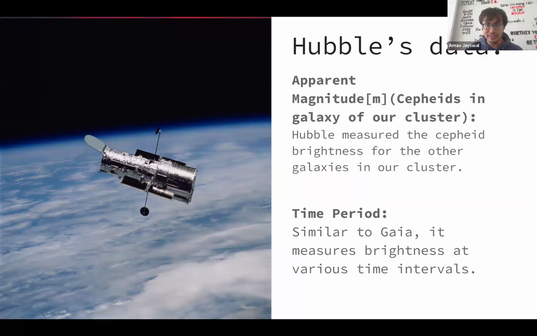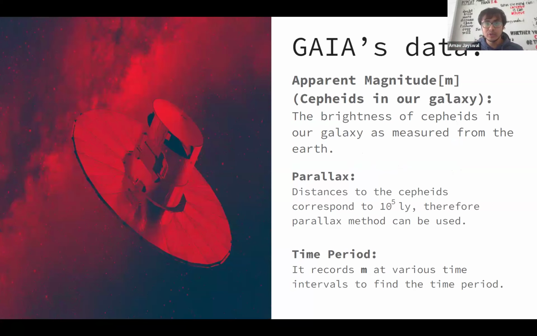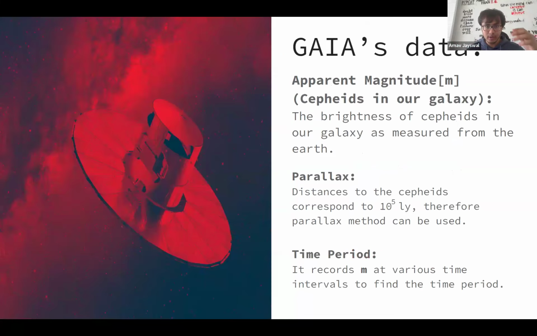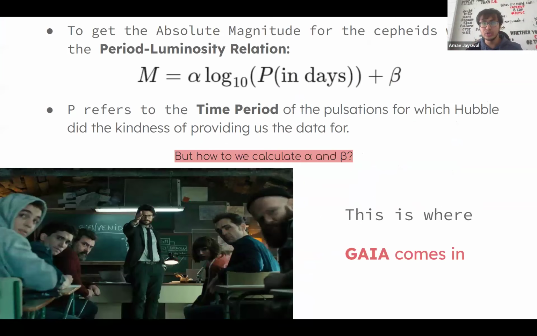So based on Gaia's data, we will find out alpha and beta for big M. I'll just recap. Gaia provides data of stars whose distances we can find using the parallax method. So one, we use Gaia's data to find out what alpha and beta are, which I'll show you in the code.